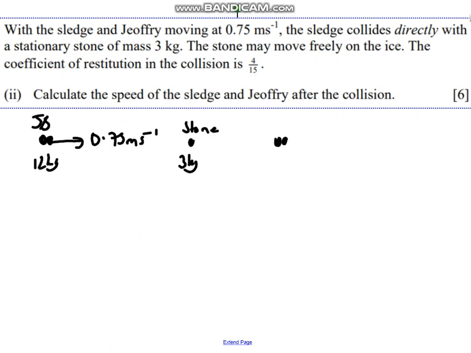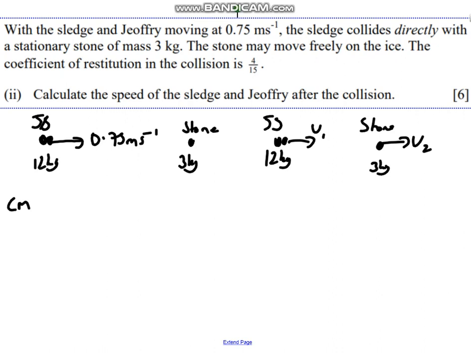Well, they're quite heavy, so probably they'll keep moving in the same direction. So 12 kilograms JS, we may as well call that V1, and because I don't want to use too many subscripts, if I can help it, 3 kilograms with the stone, so that's going to get bumped on, and that's moving up there, V2.